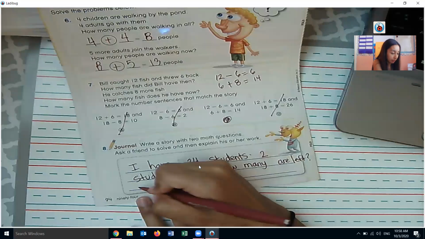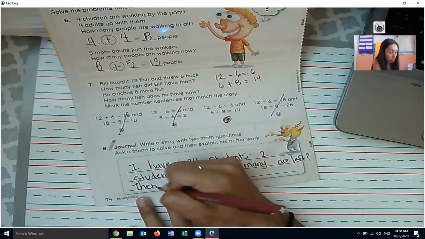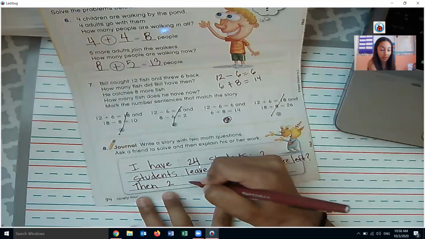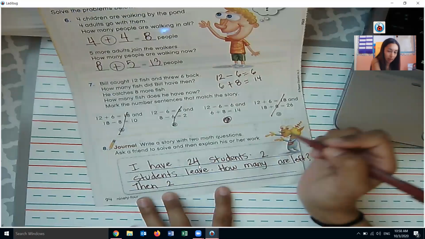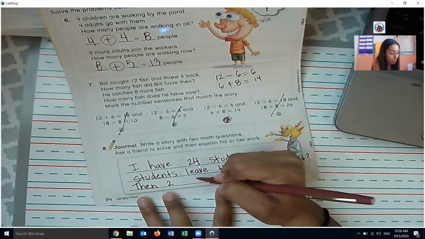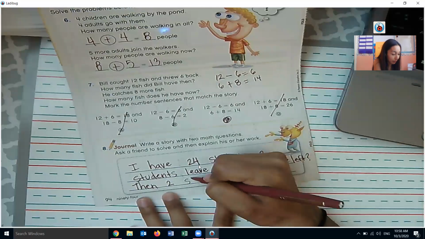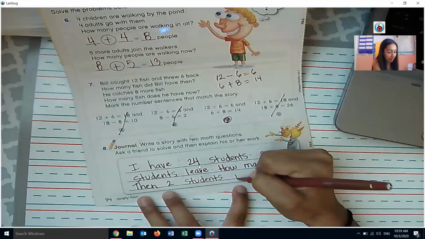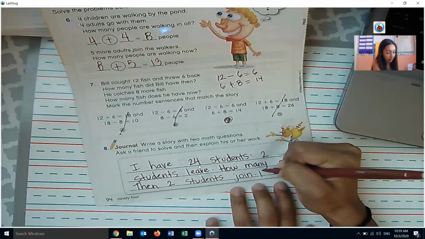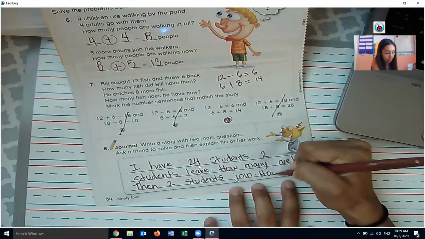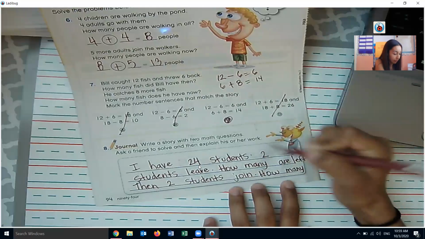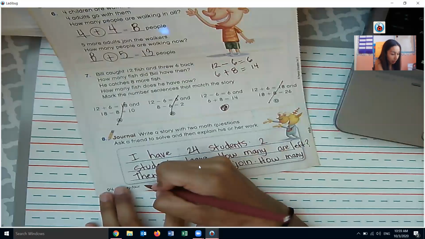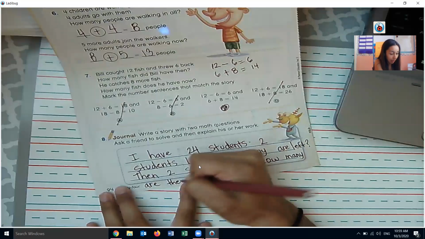But then those 2 students come back. Oh, that's okay. I was going to say maybe that's too easy. Then 2 students join. Maybe they come back. How many are there now?